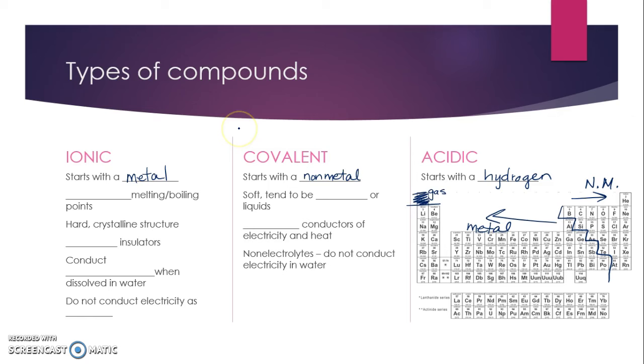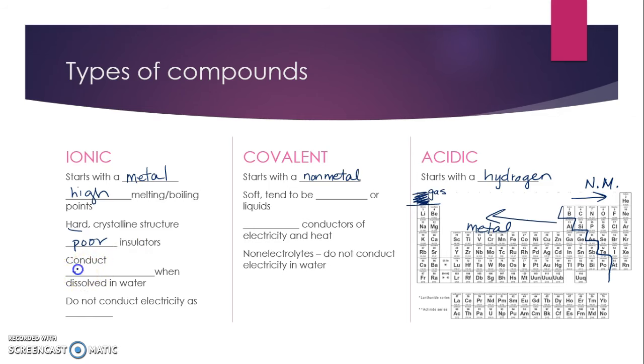All right, let's go through a couple compound properties so that you're clear on what the different properties for different compounds are. For an ionic compound, these compounds are going to have high melting points and high boiling points. They have a very hard crystalline structure. They are poor insulators, depending on what they are.